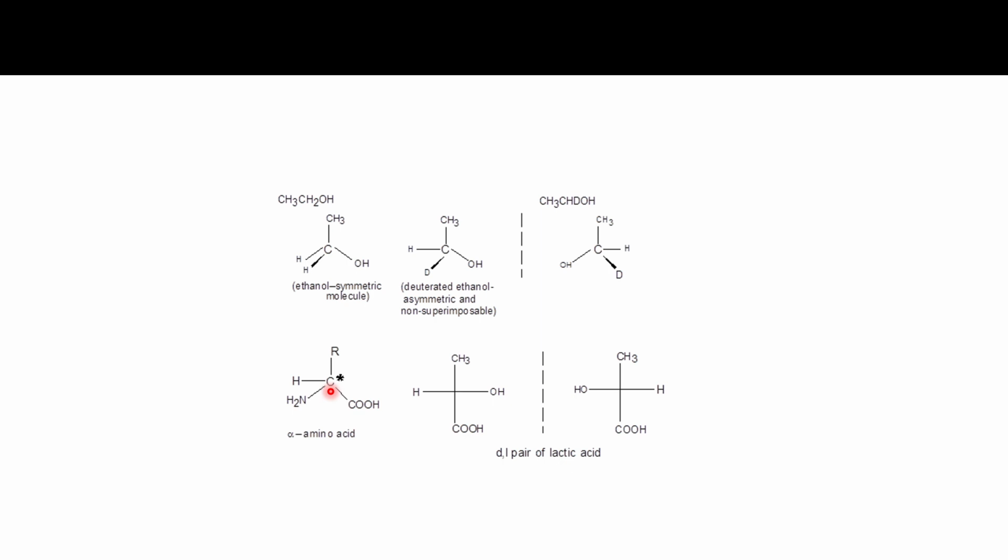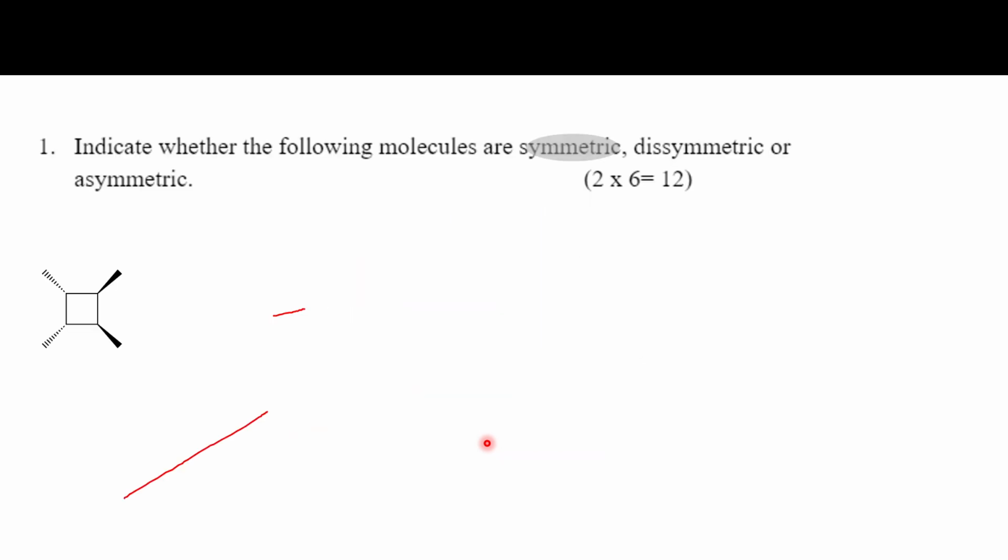So any amino acid other than glycine has a chiral center and is an asymmetric molecule, which rotates plane polarized light and behaves as a chiral molecule. And these are all asymmetric molecules.